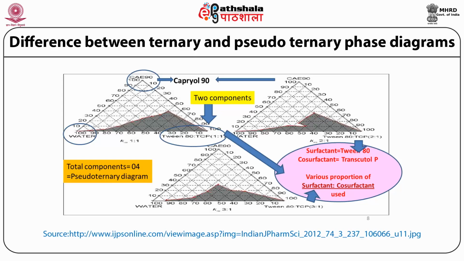In this way, we are optimizing a total of four components, and that is why this type of diagram is called a pseudo-ternary phase diagram. Importantly, the black colored portion marked on these Gibbs triangles indicates the microemulsion region obtained by taking all these three or four components of a phase diagram.